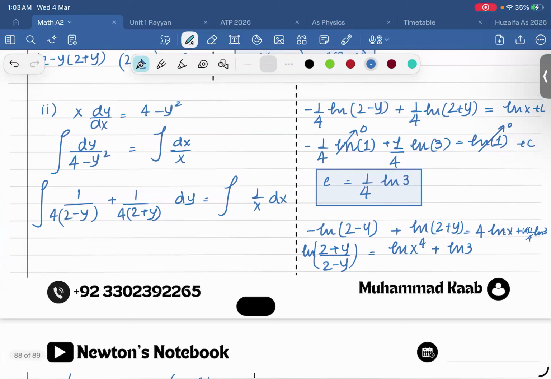And with the integration, there's some box method I'm following, but how does the box method work here? The differentiation of the box should be the same thing as the numerator, right? Yes, so over here it also works.